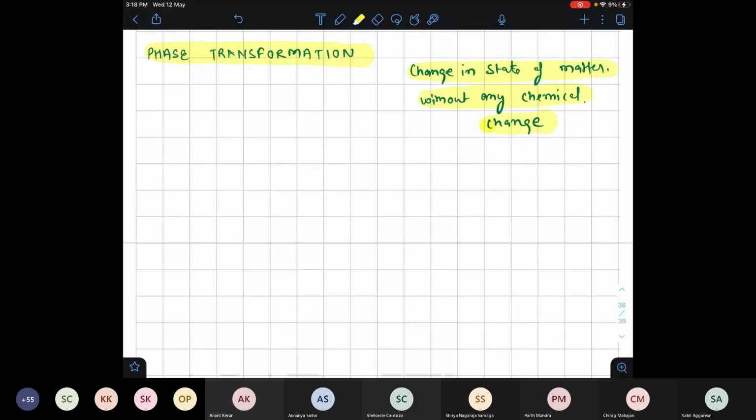Change in state of matter without any chemical change. Understood?